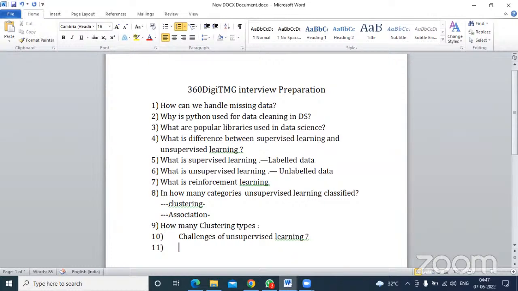What are the applications for unsupervised learning, guys?